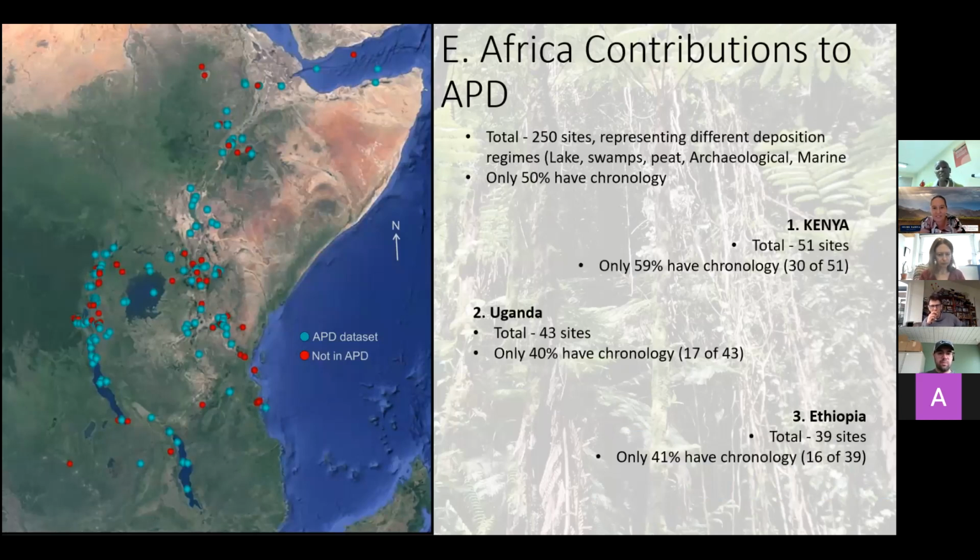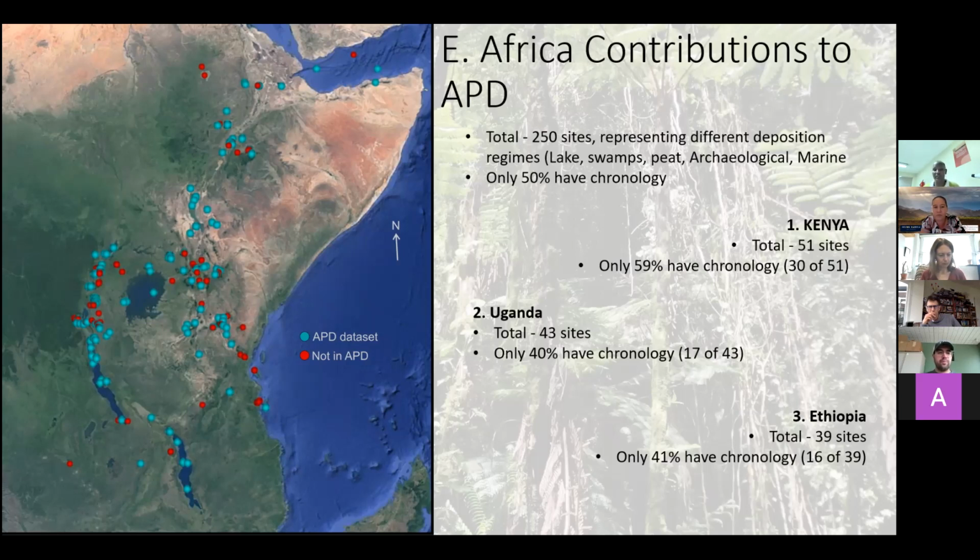To bring East Africa into context and see what is represented at APD, we have a total of 250 sites representing different depositional regimes: lake sediments, swamps and peat, archaeological and marine. Half of those sites have a chronology, but half do not.